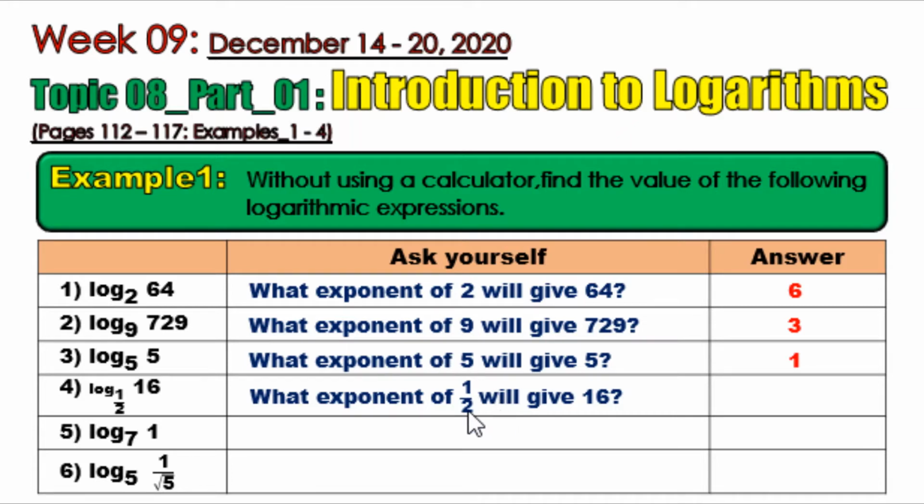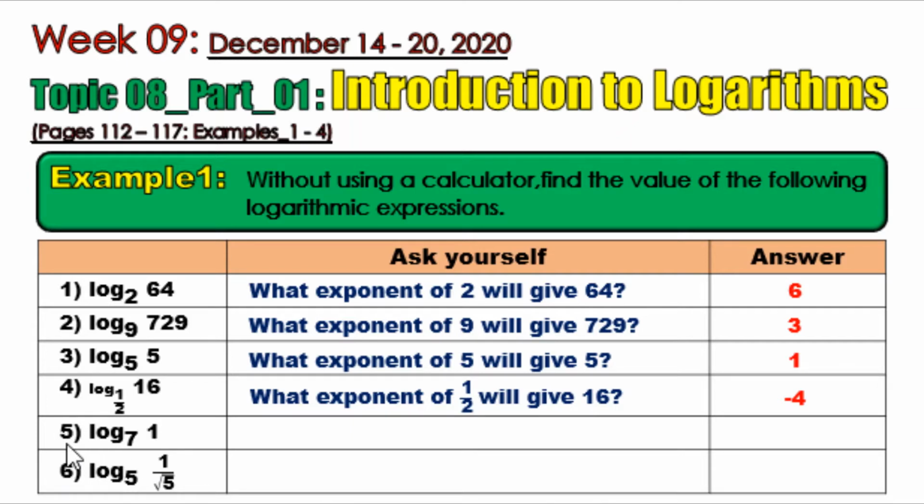So 2 raised to negative 1 must be raised to what for us to have 16? That would be negative 4. So 2 raised to negative 1 raised to negative 4 is equal to 2 raised to positive 4, and that is equal to 16. Therefore, logarithm of 16 to the base 1 half is equal to negative 4.